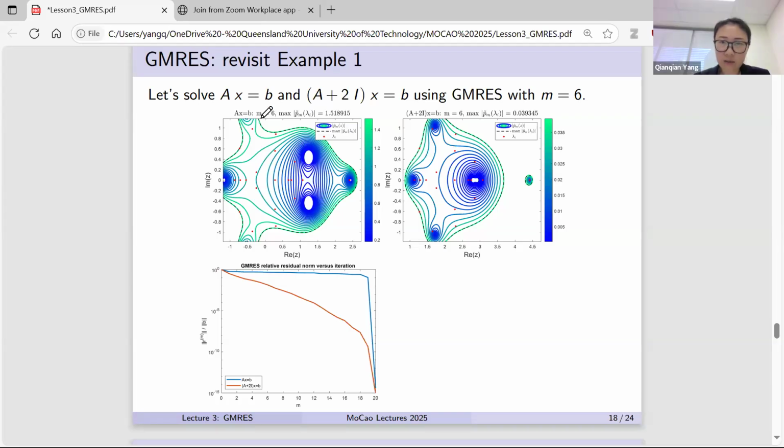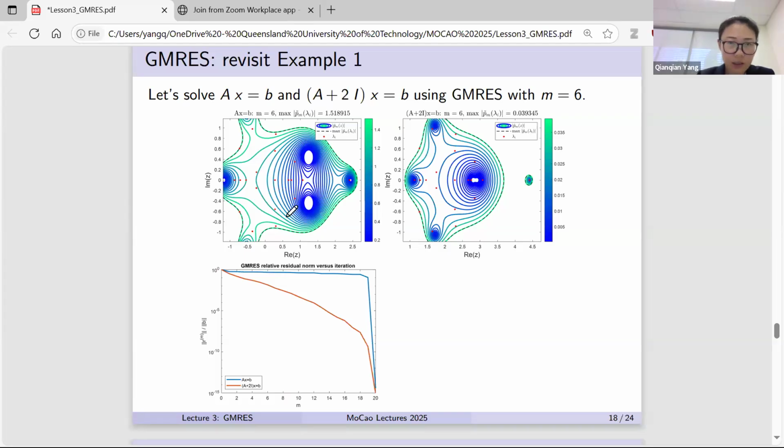Now I'm plotting at m equals 6. I'm plotting the contour, because it's complex numbers. This is the contour of the magnitude of PM tilde. So you see, apart from capturing the largest eigenvalues, it really struggles to keep the polynomial magnitude down to 0.